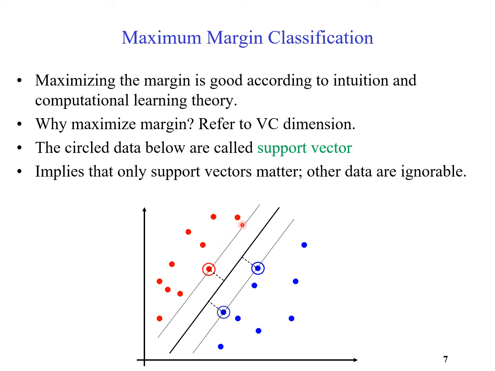Besides the support vectors, the other data don't matter actually. In this case, these three support vectors determine the SVM line here. So only support vectors matter and the other data are actually ignorable.